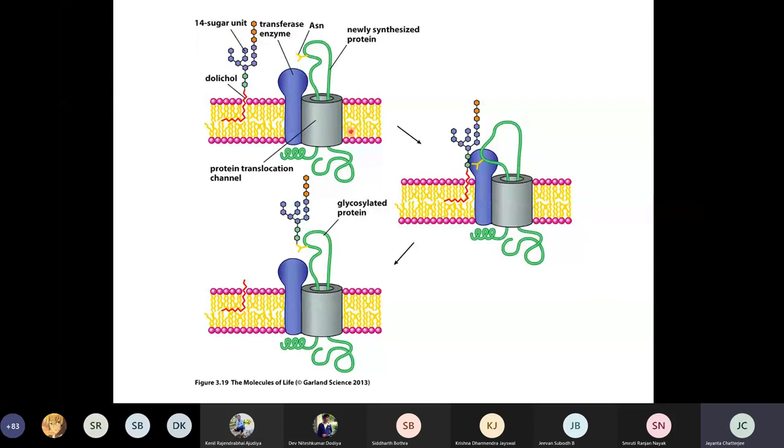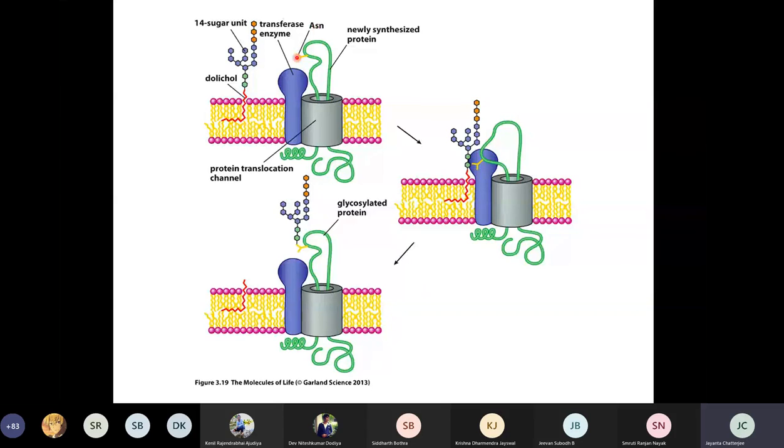So for example, this is something called the endoplasmic reticulum. Don't worry about the name, it's more of a compartment where the protein is synthesized, and as the protein is being synthesized, a part of it sticks out, where there is the specific recognition sequence.